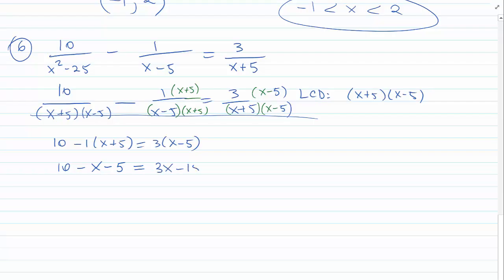All right. Let's simplify the left side. 10 take away 5 is 5. Okay, so this is a nice looking equation. So what do you want to do? Move the 15. I tend to move the x first and then the number second, but it's no different. Well, look, I'll move 15 just for you. There's no problem.